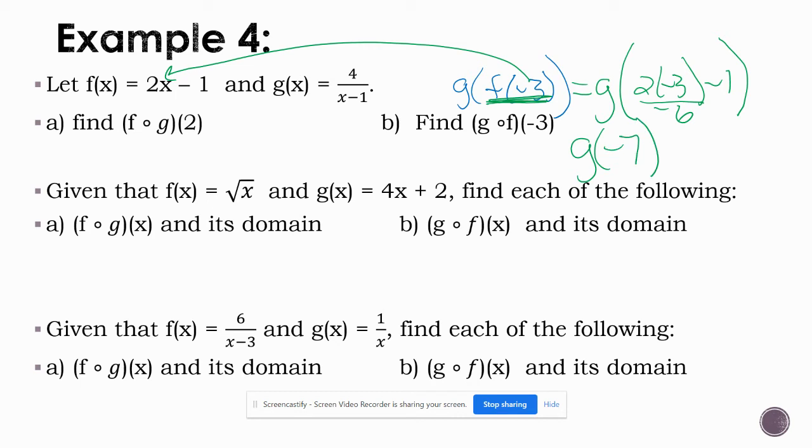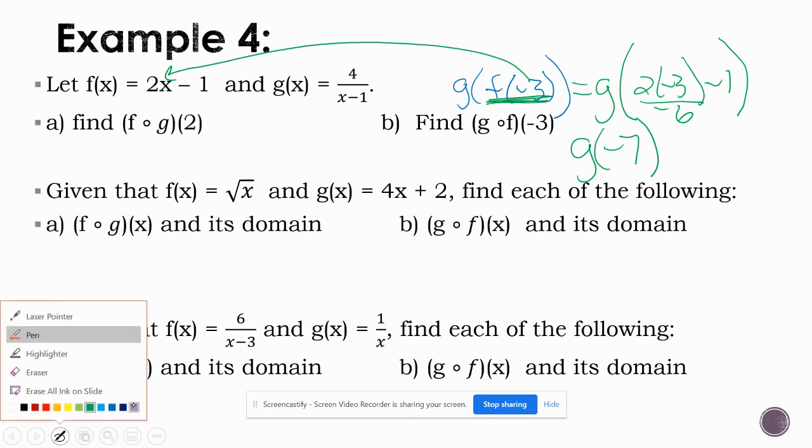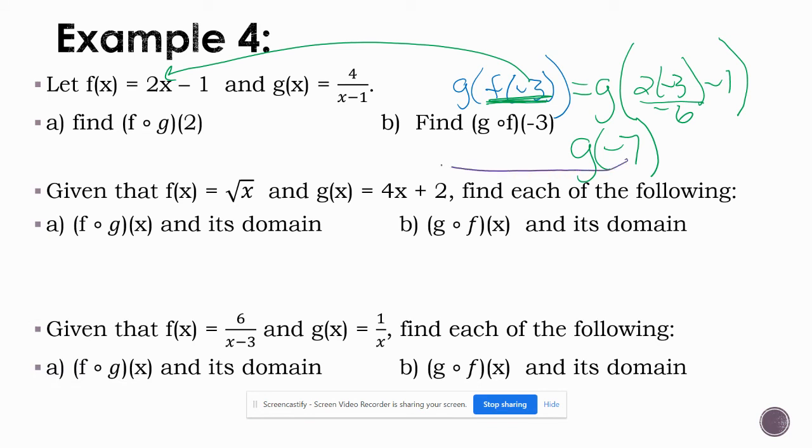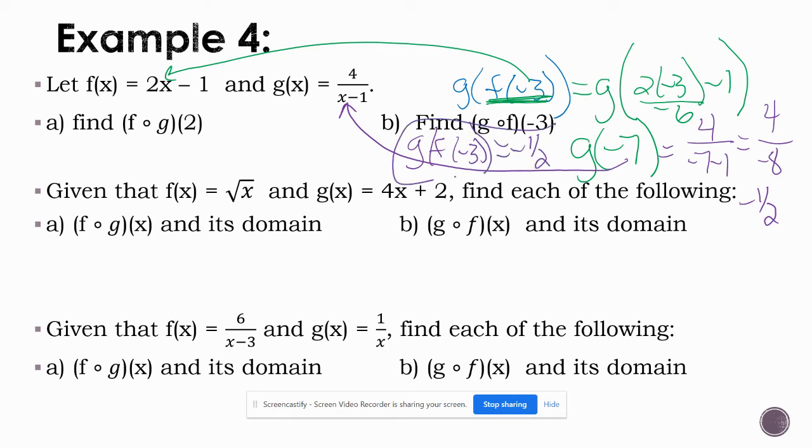And so we have g of negative 7. Oh, well, now this says take negative 7 and plug it in here for g. Cool. 4 over negative 7 minus 1. That's 4 over negative 8, which is negative 1/2. So that makes the final answer: g of f of negative 3 is equal to negative 1/2.